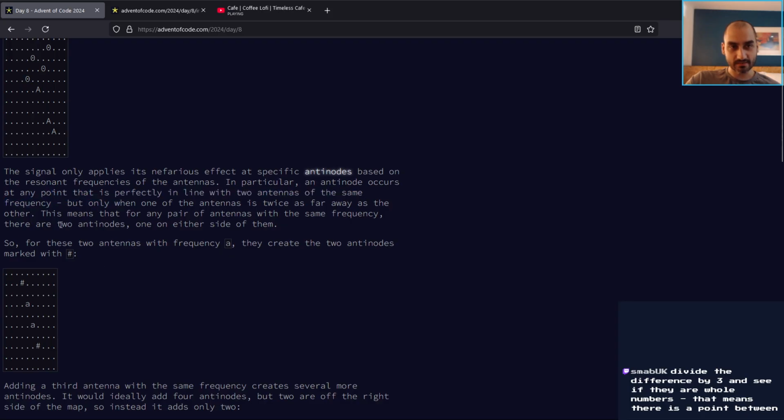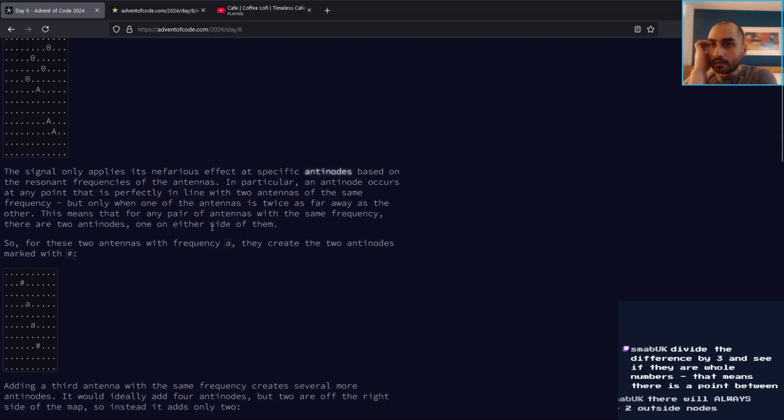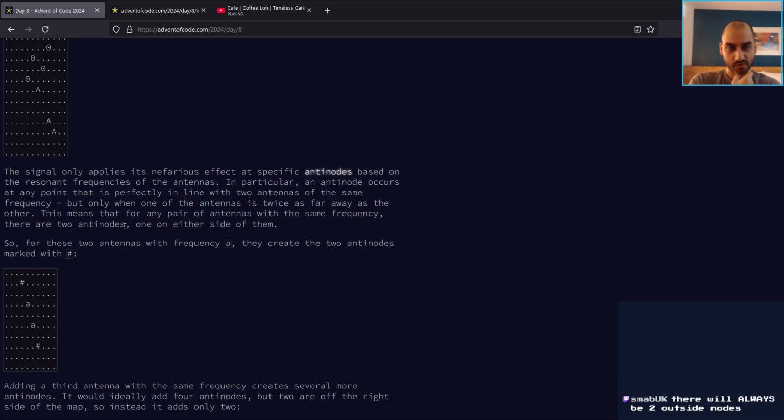These 2 antinodes might even be out of the map as well, so there will always be 2 outside nodes if they are within the map, yes, I agree. But the way this is worded, it didn't say at least 2. It seems to say there are exactly 2, whether they're in bounds or not. That's the way I'm reading it.